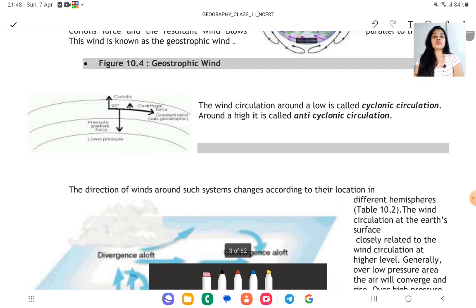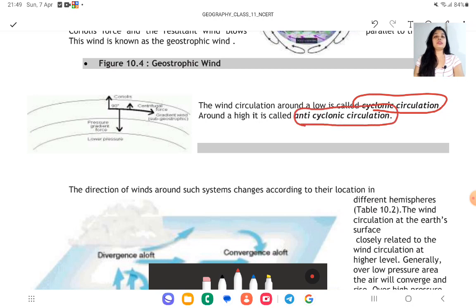So one more thing, students, the wind circulation around a low is called cyclonic circulation. Around a high it is known as anti-cyclonic circulation. So wind circulation around a low, like if there is a low pressure and there is wind circulation going on, it is called cyclonic circulation. You just have to keep these things in mind.